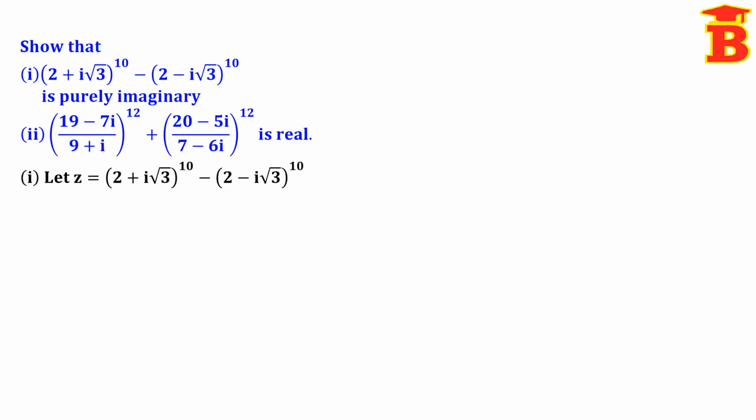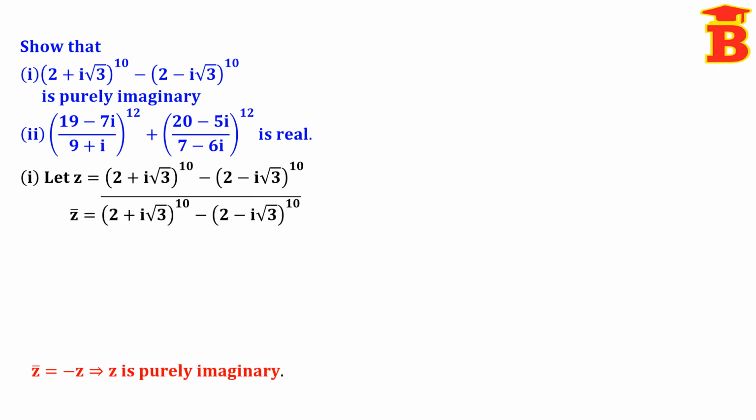So Z equal to 2 plus i root 3 whole power 10 minus 2 minus i root 3 whole power 10. And note that we have to prove Z bar equal to minus Z. So then only we can say that Z is imaginary.